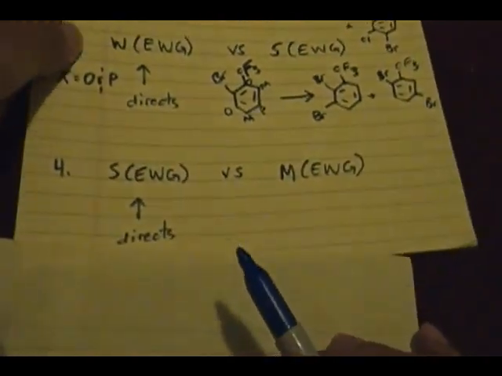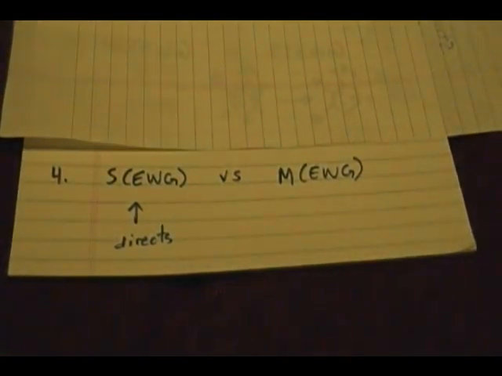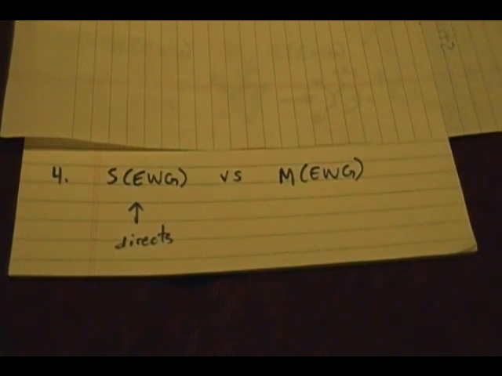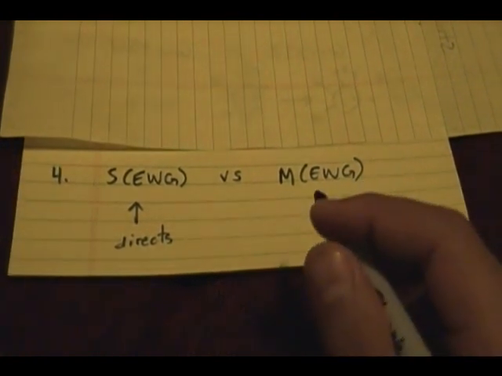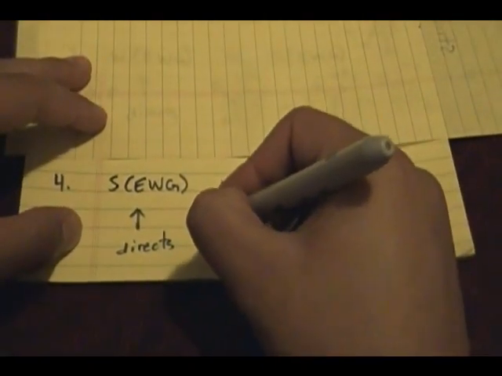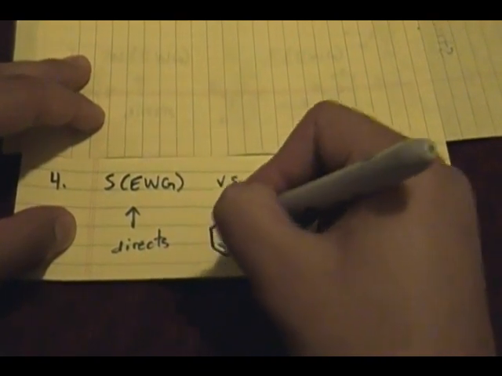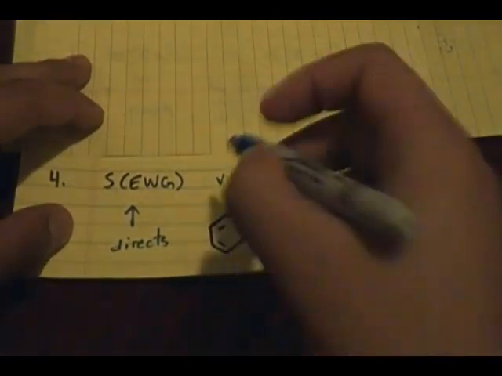Now the final thing we'll be discussing is if you have a strong electron withdrawing group and a moderate electron withdrawing group. The strong electron withdrawing group determines the positioning. So let's give an example. Let's be consistent. You have your aromatic ring, right?